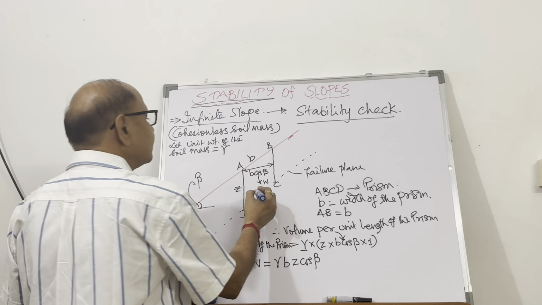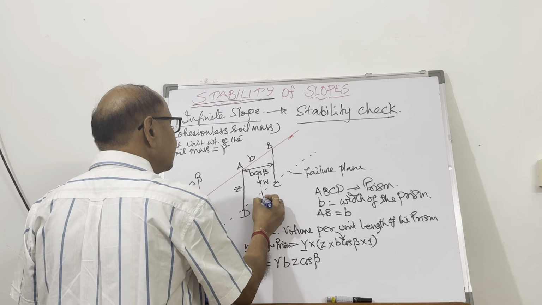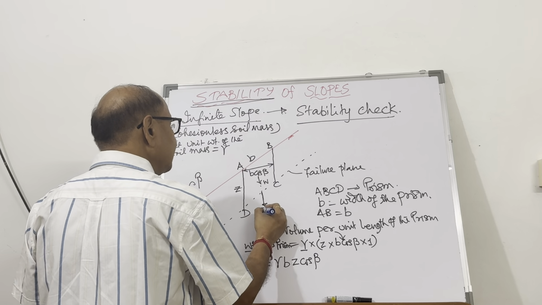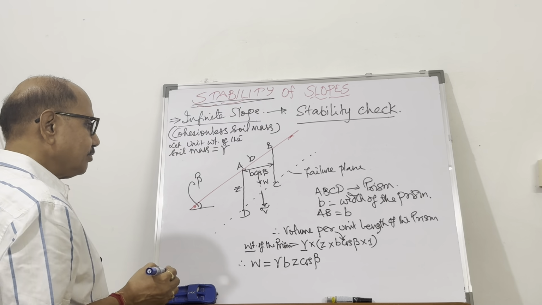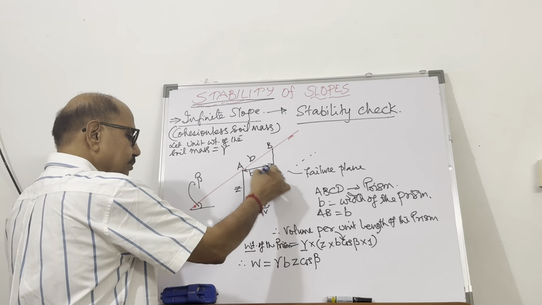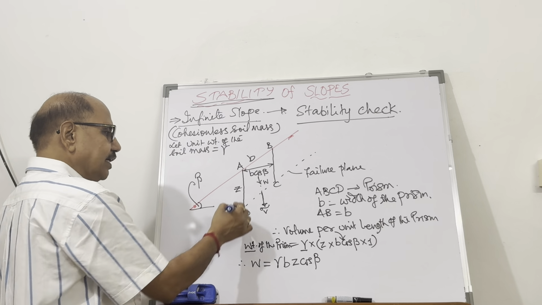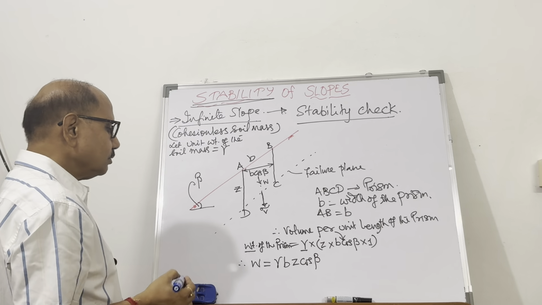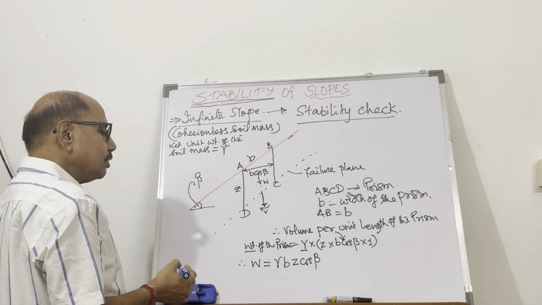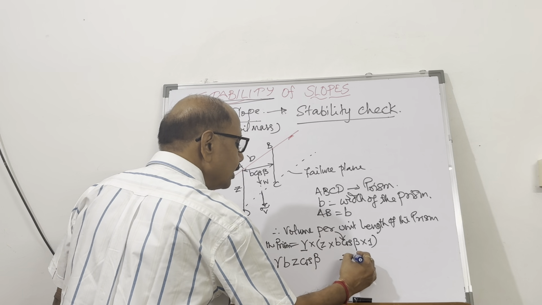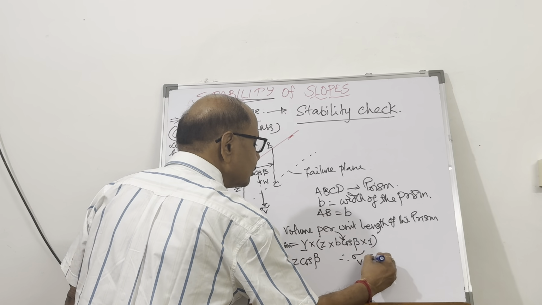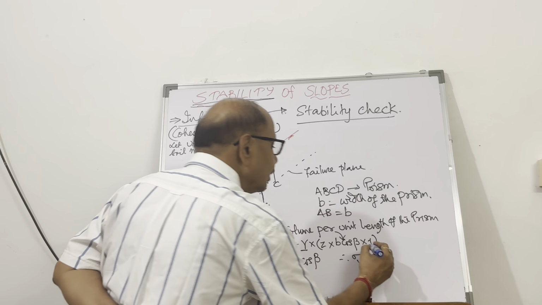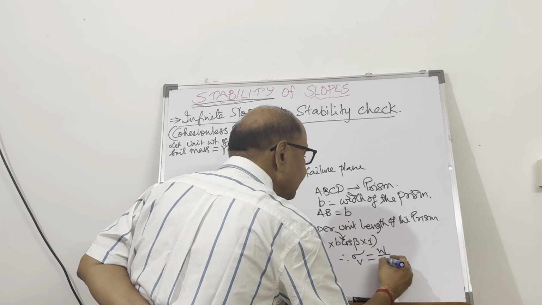Therefore, you can calculate the vertical stress which is acting over the failure plane. So what is the vertical stress? Vertical stress will be the weight of this prism W divided by the area. The area is going to be B into 1. And therefore, the vertical stress which is acting over the failure plane will be weight divided by area.